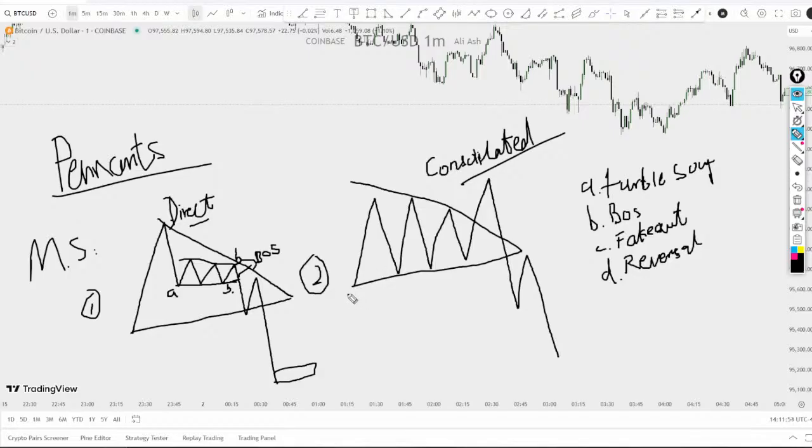Here we have this turtle soup again from A to B. They come up here and they sell it here. Then we have the break of structure here, which is a fake one. So here comes the C, fake out. Then finally we see a reversal right here.